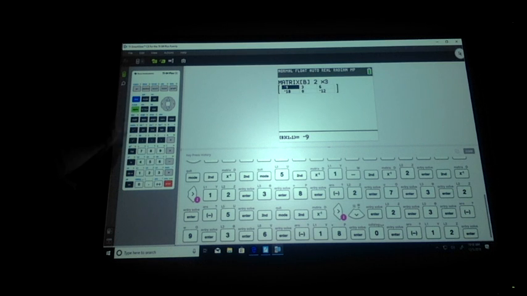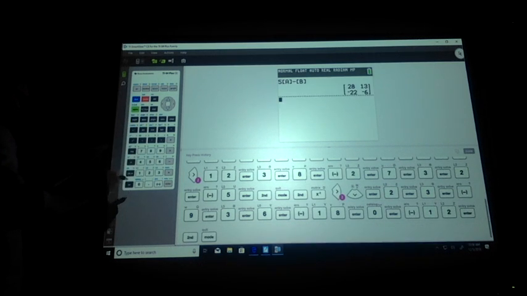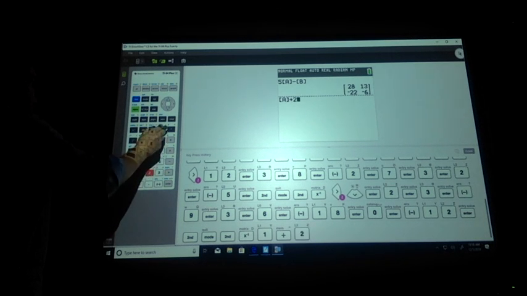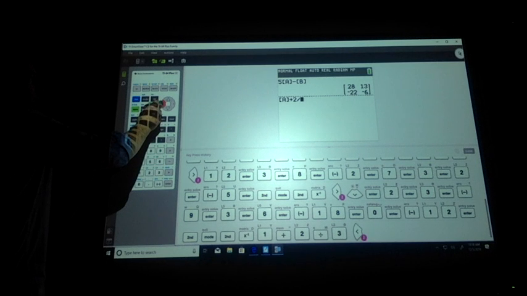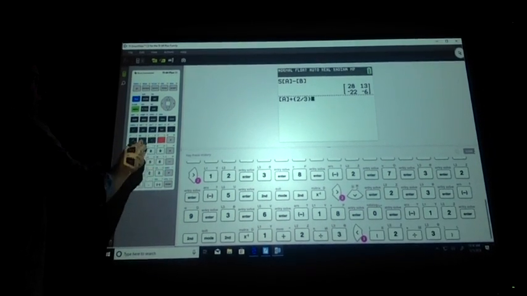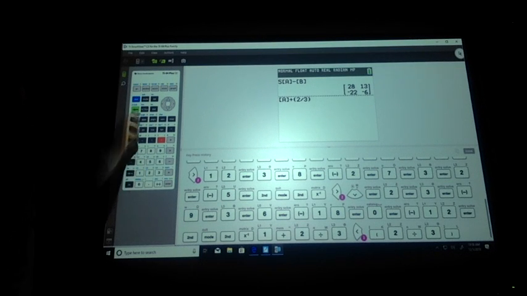Okay, so then I quit out of that, and I'm going to go matrix A, plus, looks like 2/3 I'm doing with. I'm actually going to put 2/3 in parentheses.